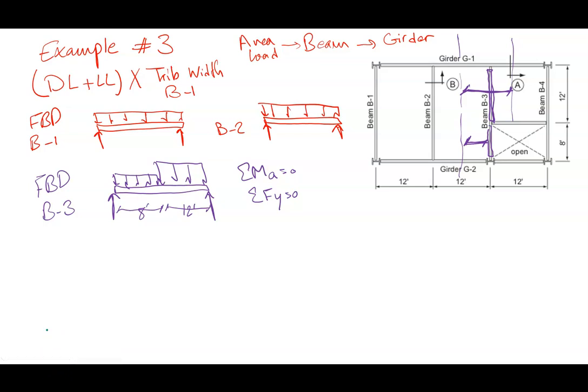And when we got to the girder, again, we had the load transferred from beams to the girder, where beams are connected to the girder and not to the column. So then we did FBD of girder.